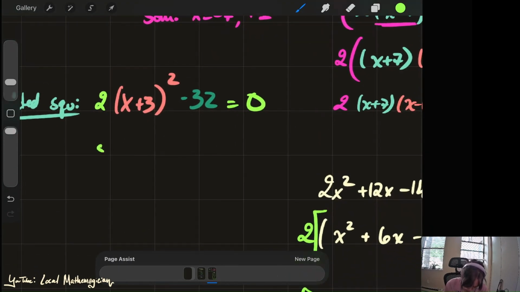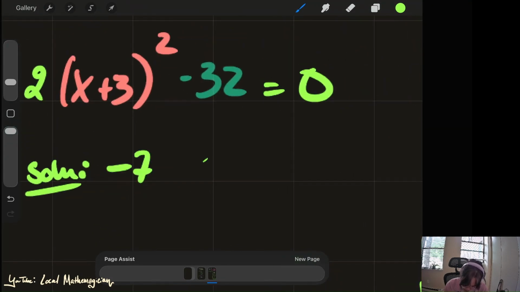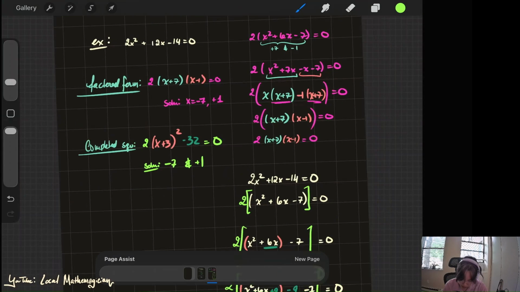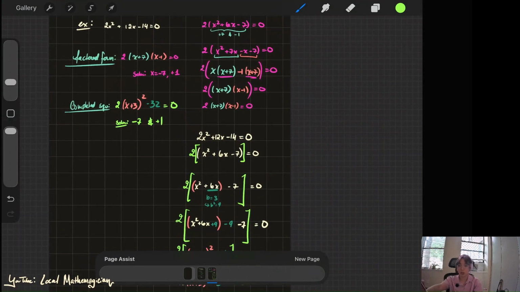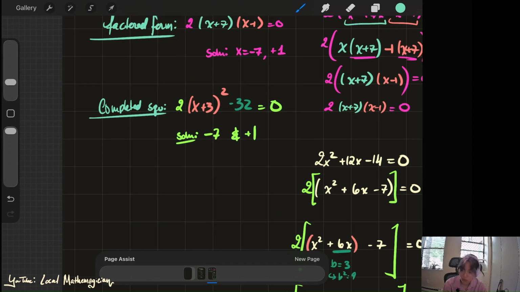And your solutions are once again negative 7 and positive 1. You see where I'm going with this? Okay. Now, suppose you want to use the quadratic formula.